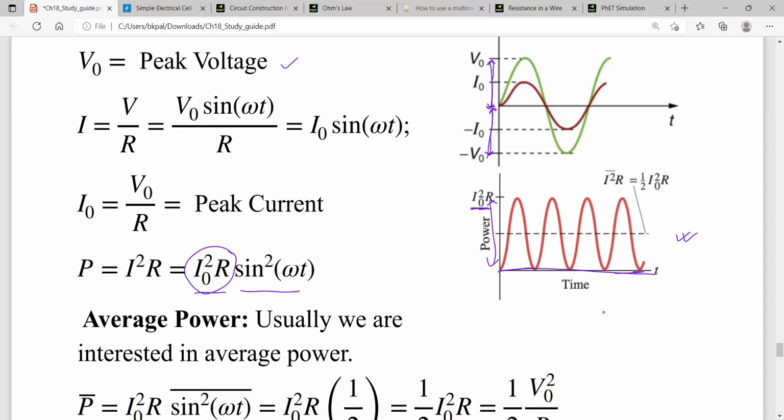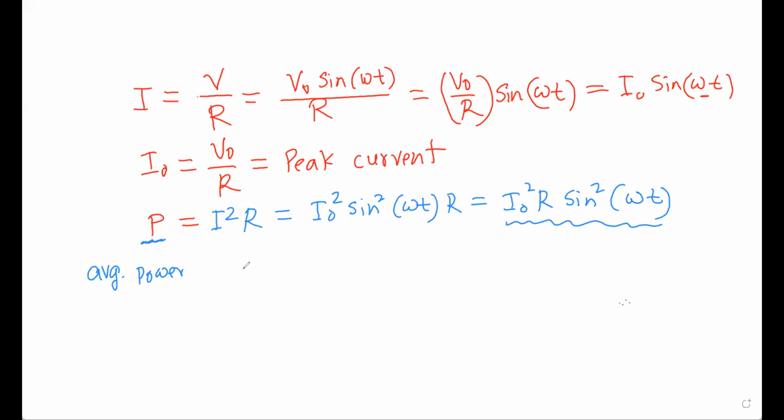But as I told you, we are interested in the average power when we deal with alternating current. So what is the average power? Average power is this. R is a constant, I0 is just another constant, it's just the amplitude, so we cannot take the average of these.